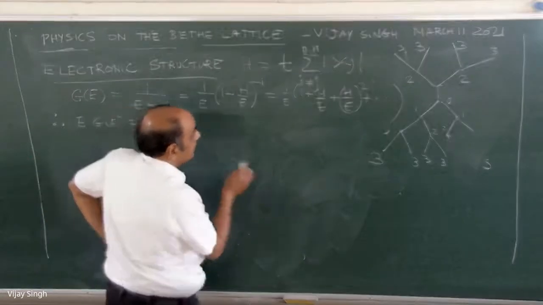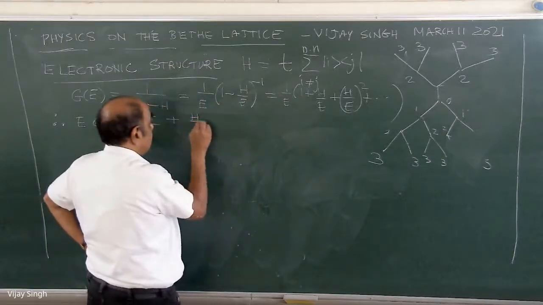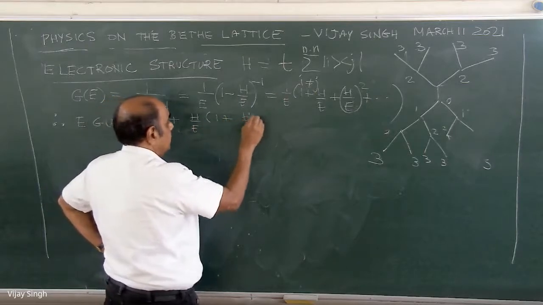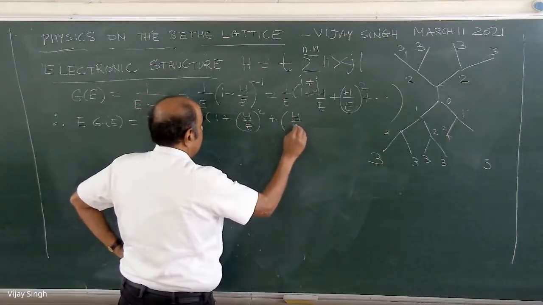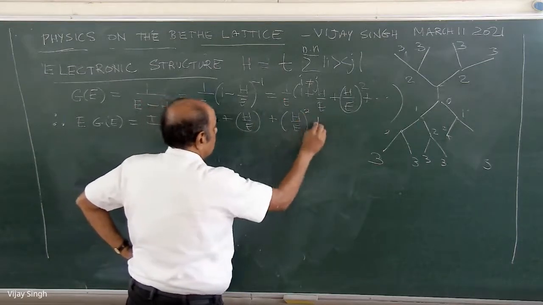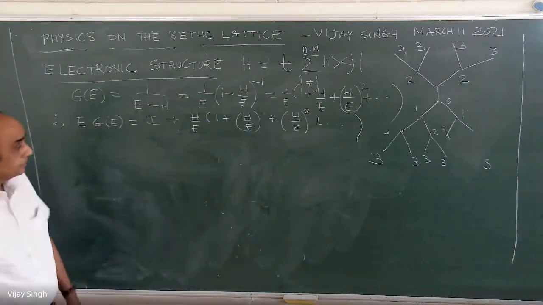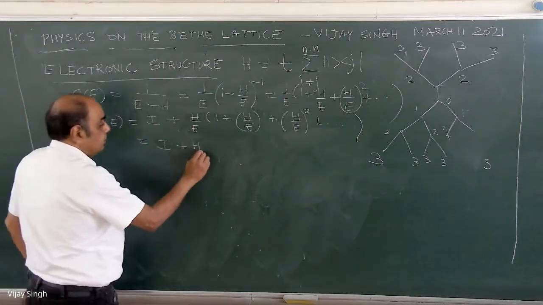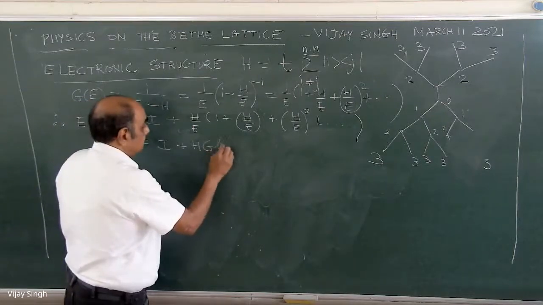I take this E out there, so I get 1 plus H by E into (1 plus H by E, the whole square, plus H by E, the whole square, and so on). Are you with me up to this point? So this is equal to identity plus Hamiltonian, and the rest of it is again the Green's function, G of E.